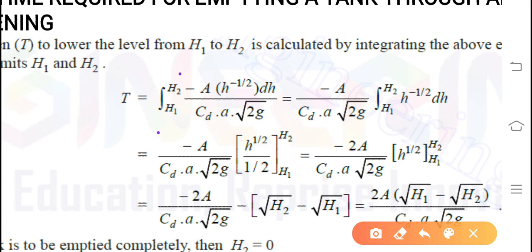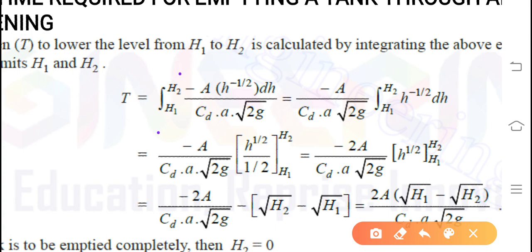Take the constant outside: minus A divided by Cd a root 2g. When you integrate h to the power of minus half with limits h1 to h2, you will get h to the power of half divided by half, from h1 to h2.